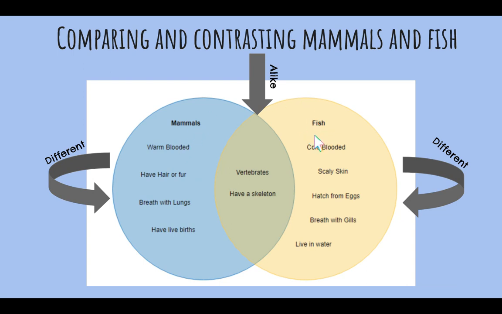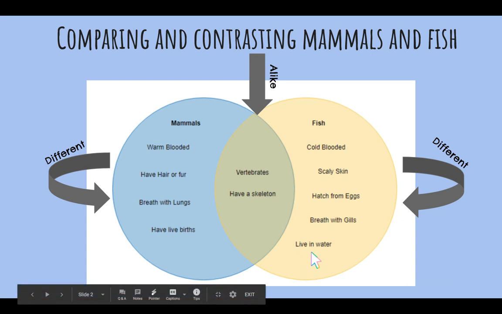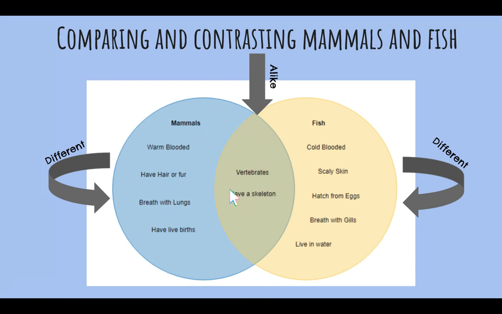So those are how mammals differ or contrast from fish. Now, over here for my fish, I said that they are cold blooded, okay? They have scaly skin, they hatch from eggs, they breathe with gills, and they live in water. Okay, those are how those things, mammals and fish, contrast. Now, come on here in the center right here, and what do you notice? I have two things here.